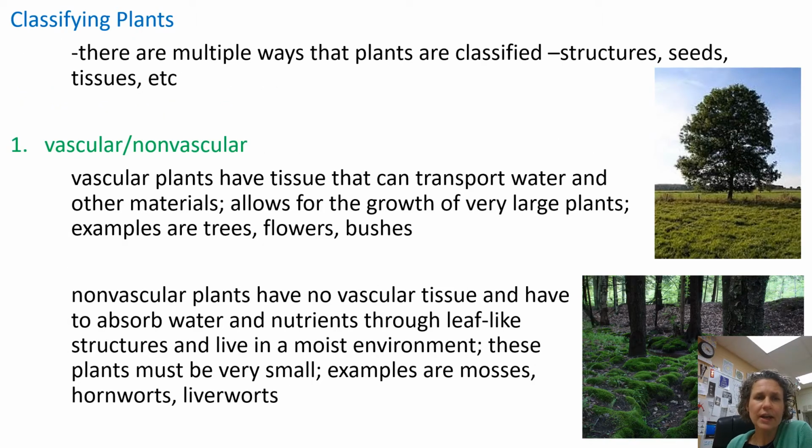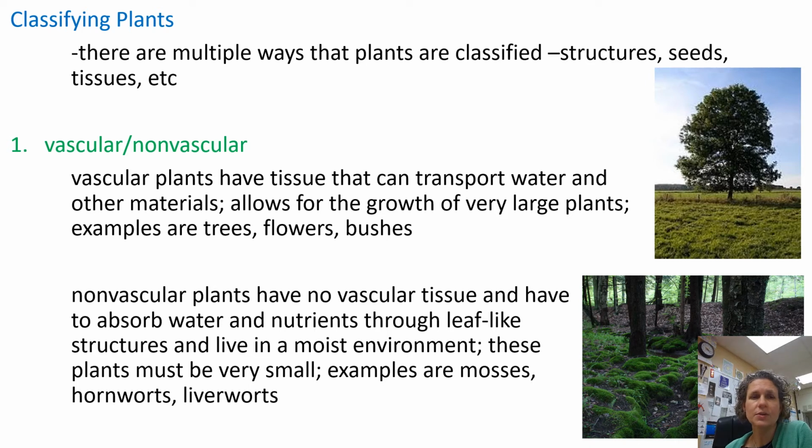Okay, so classifying plants, there are a couple of ways that we will do this, and the first one is vascular or non-vascular. Vascular plants are plants that have tissues that can transport water and other materials. This is a very big advantage to those types of plants, because they can grow large.